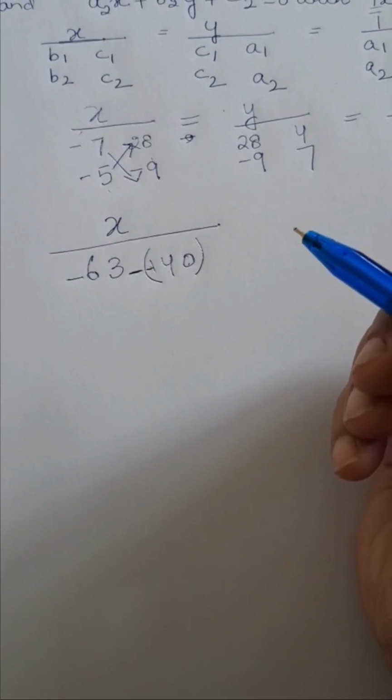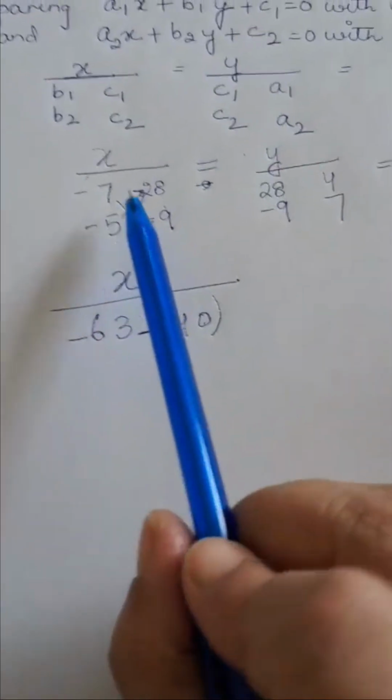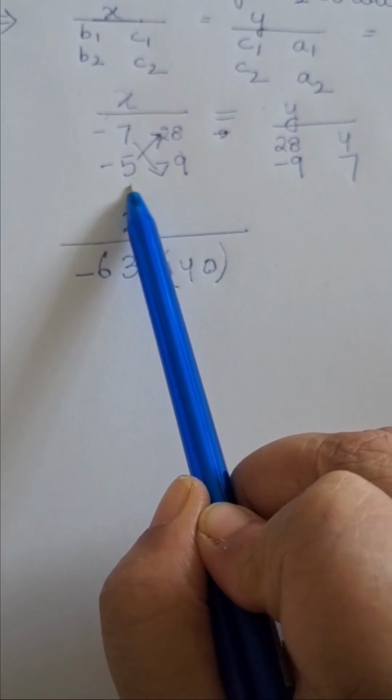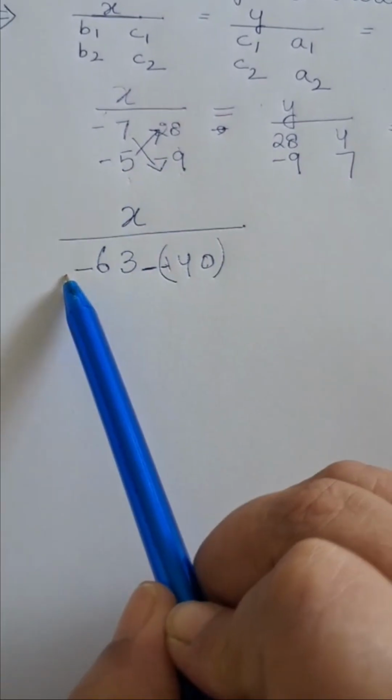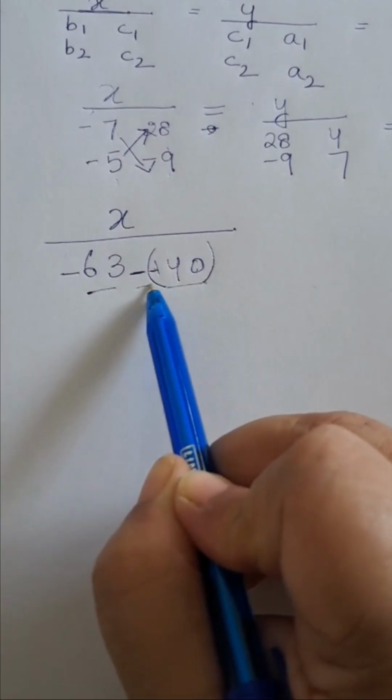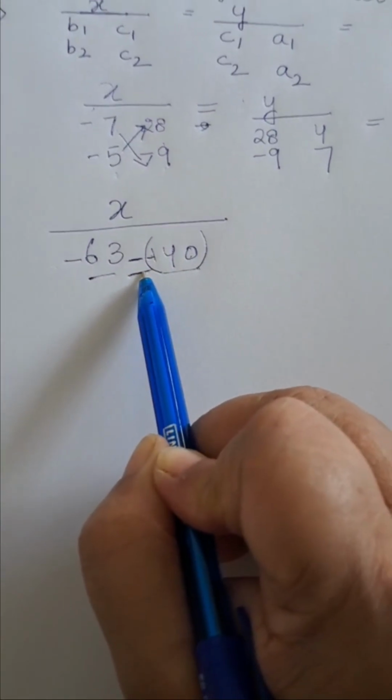So 7 nines are 63 and 28 fives are 140 with the minus sign, and this with the minus sign in between.